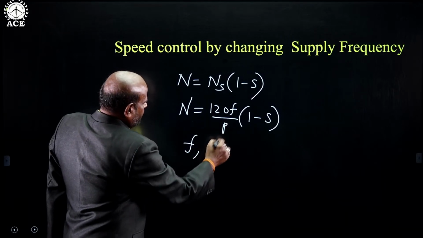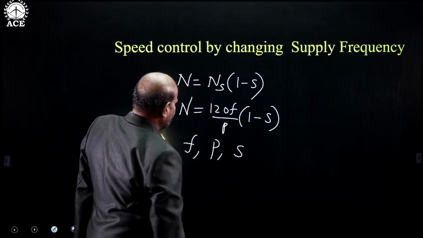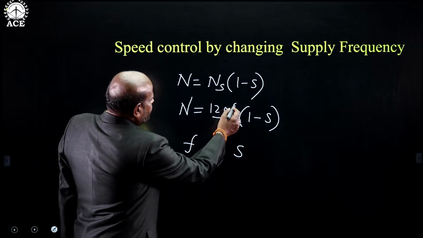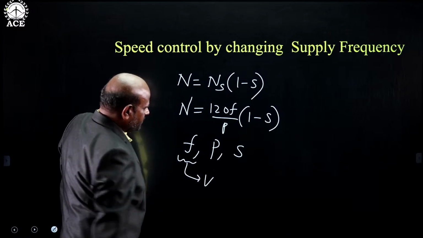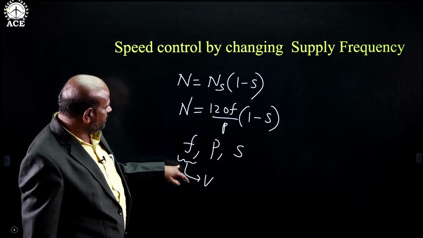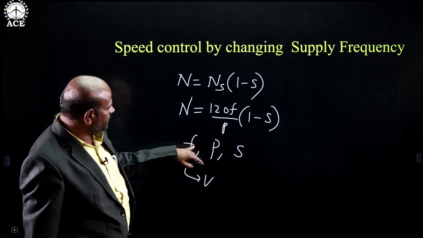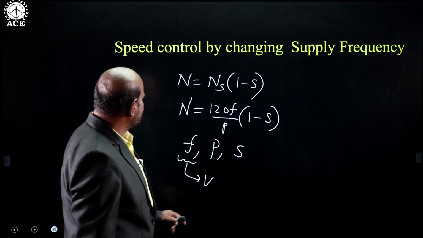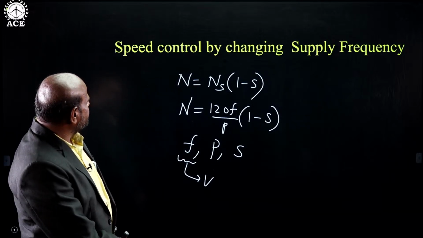Frequency and number of poles and slip. And frequency again depends on supply voltage. Based upon the supply voltage, the frequency attains. So what are the parameters? Supply voltage, supply frequency, number of poles and slip. These are the factors. By changing these factors, the speed of the motor will change.